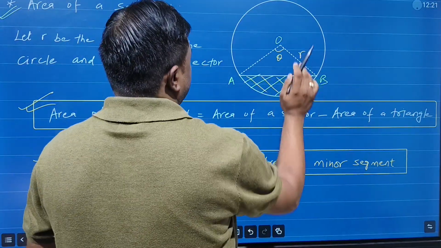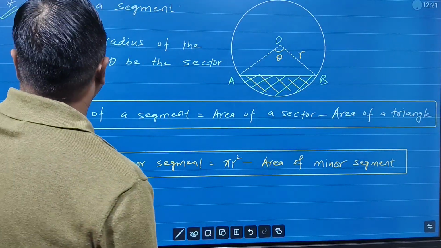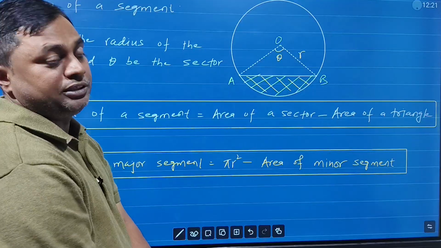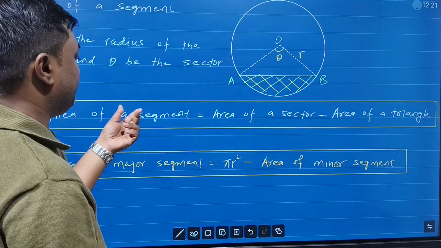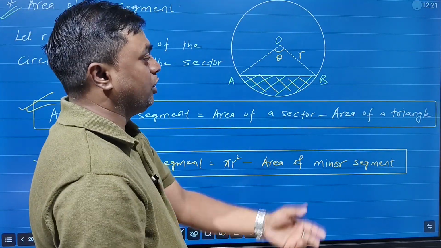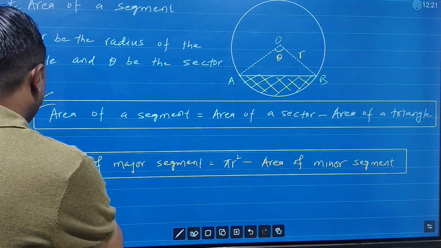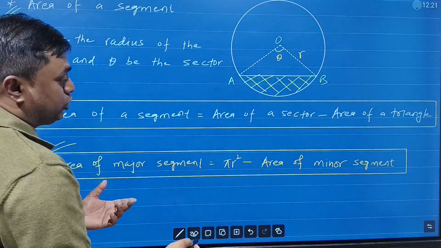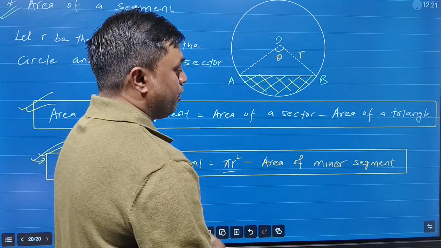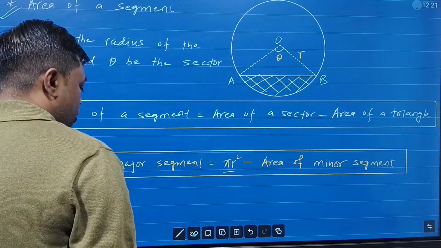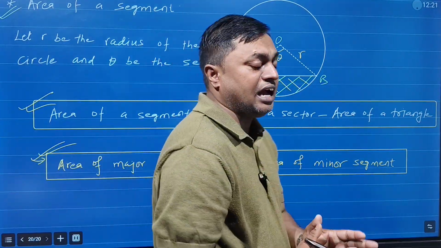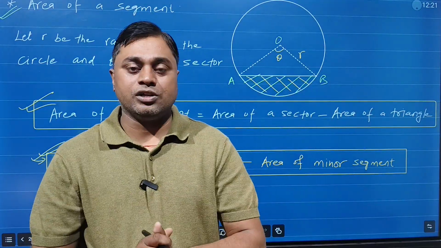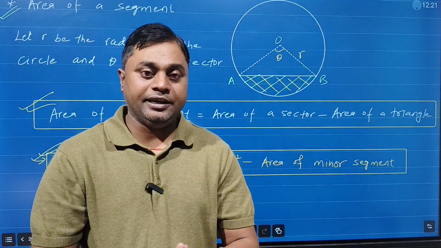Let r be the radius of the circle and theta be the angle of the sector. So the area of a segment is the area of the sector minus the area of the triangle. And if you want to find the area of the major segment, it is the area of the circle minus the area of the minor segment. In this video, I basically covered all the important concepts related to perimeter and area.